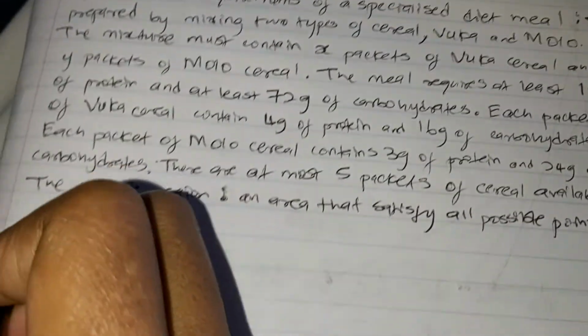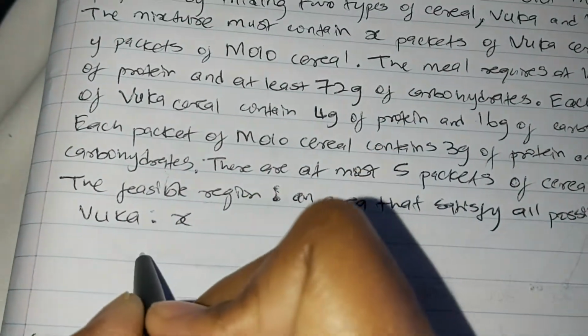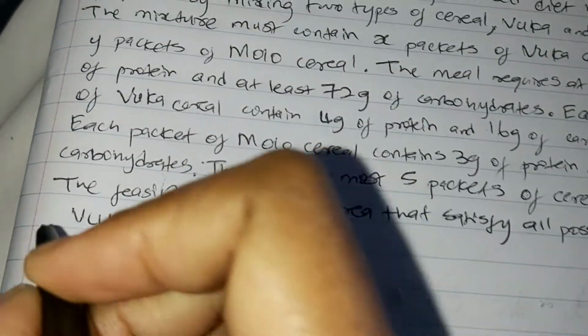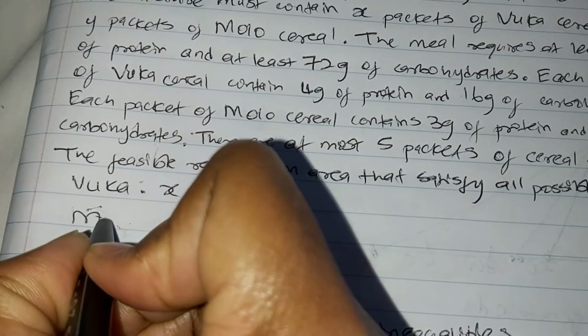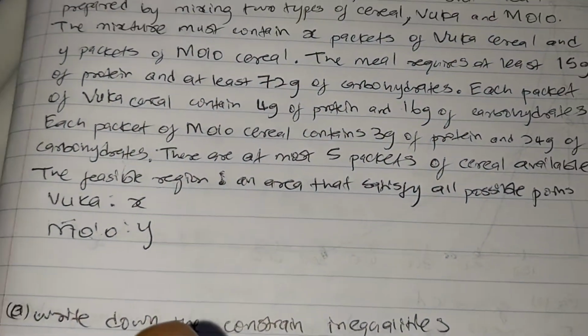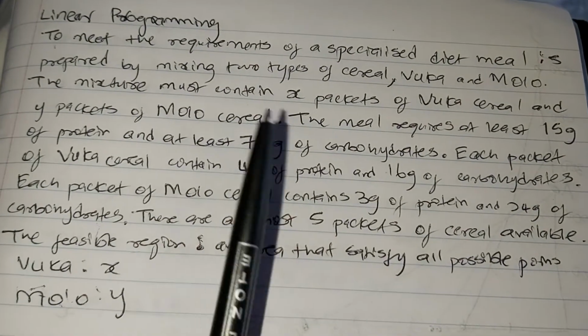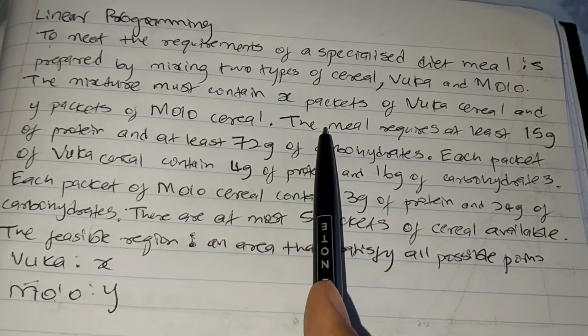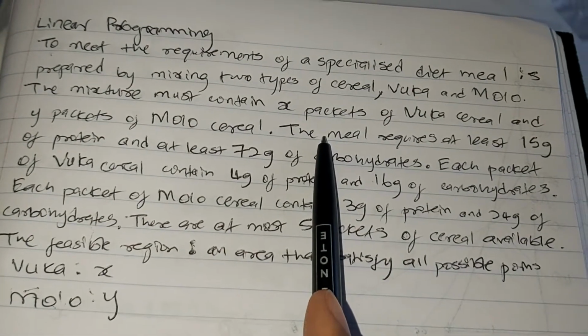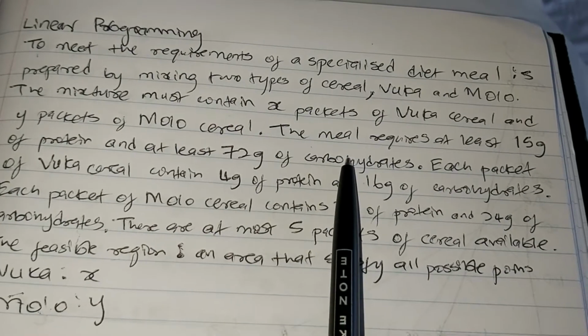So we've got Vuga, which is expressed as X, and we've got Molo, which is expressed as Y. They say the meal requires at least 15 grams of protein and at least 72 grams of carbohydrates.